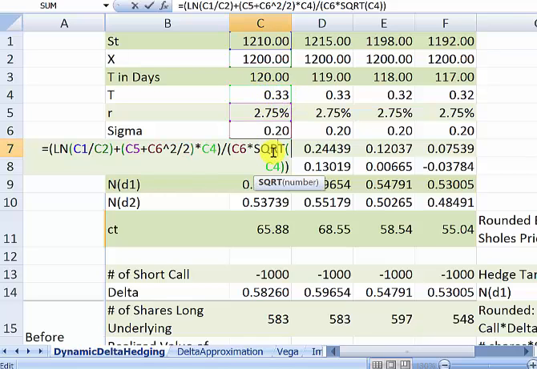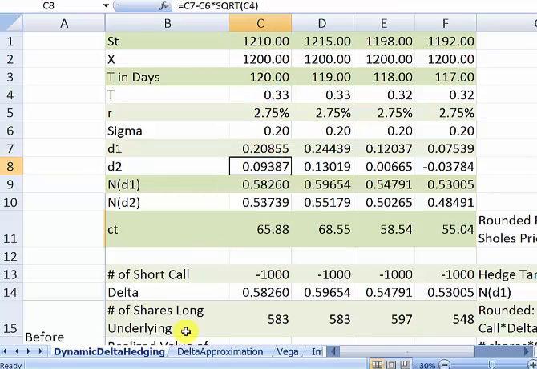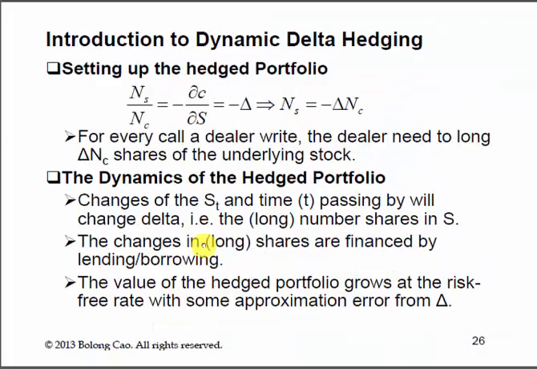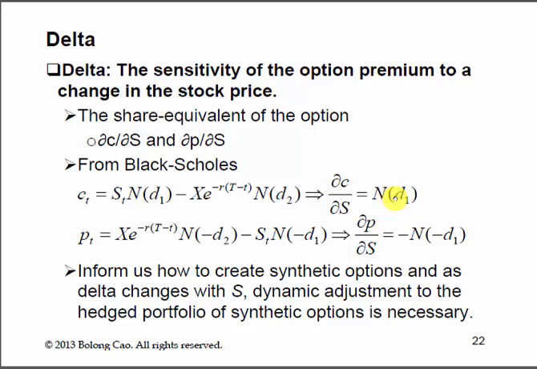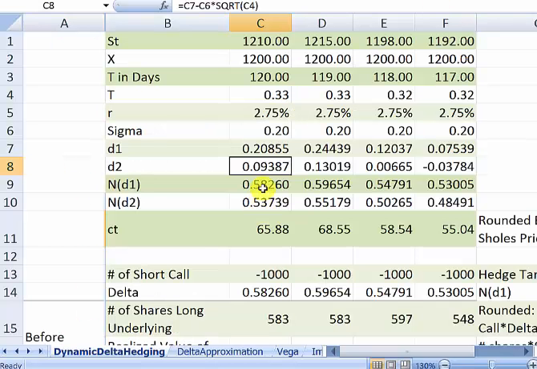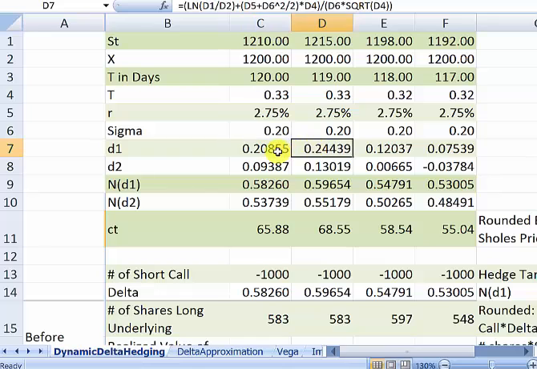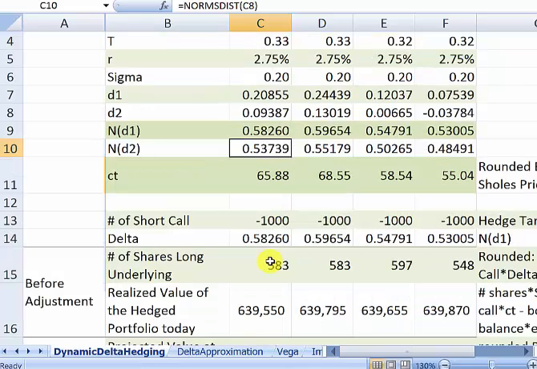The time is changing. So we know that delta is ND1. This ND1 ever change, right? Not only there is this, the D1 change not only come from the underlying price change, but also the time evolve forward. Okay, so this ND1, ND2, they're changing.